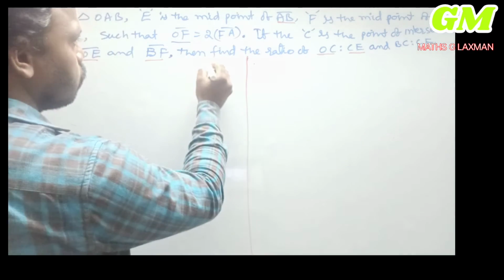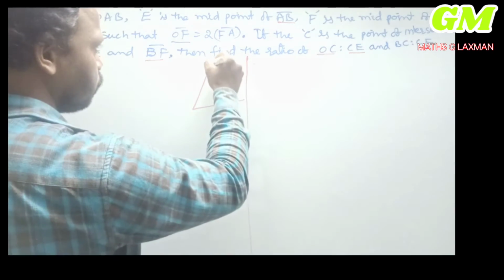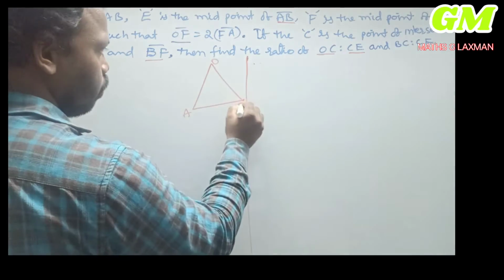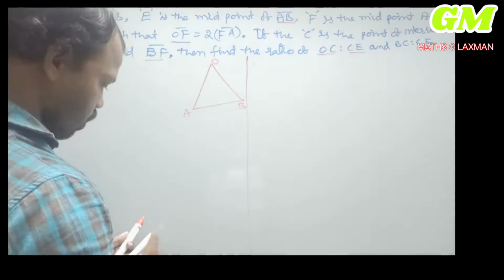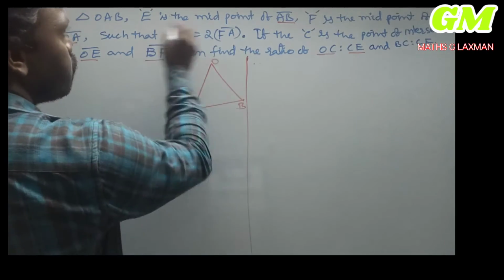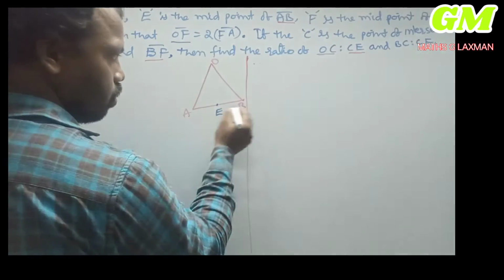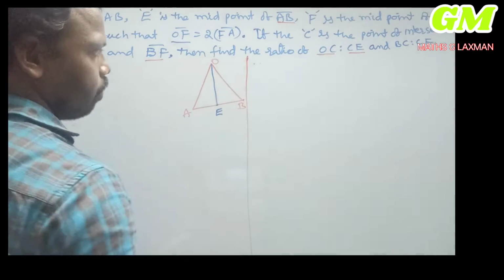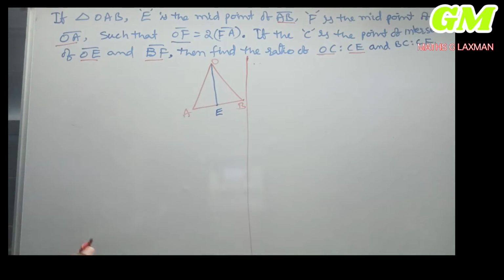First of all, I am drawing the triangle OAB. E is the midpoint of AB, so it is divided into the same ratio. So first let us find OE.